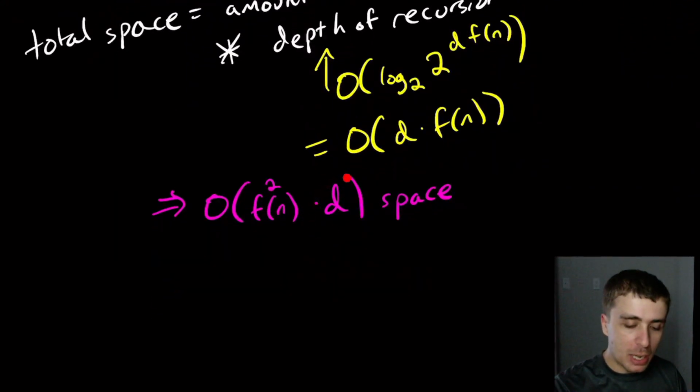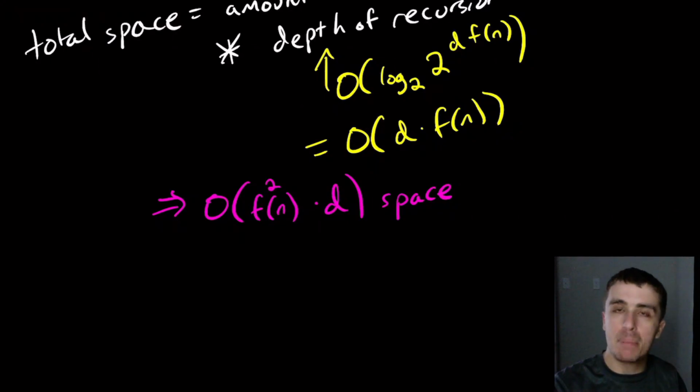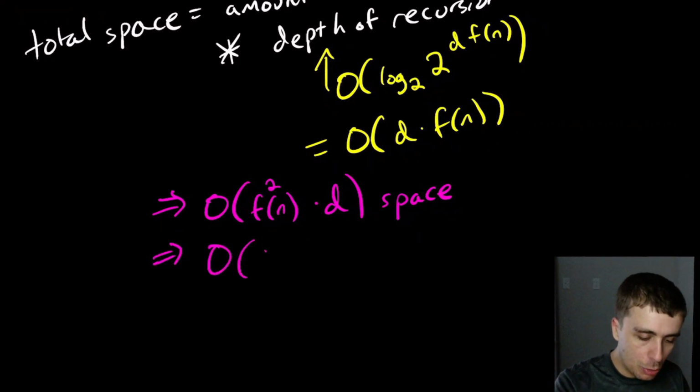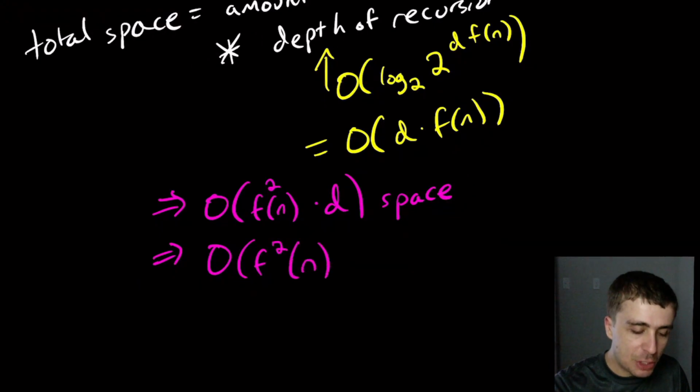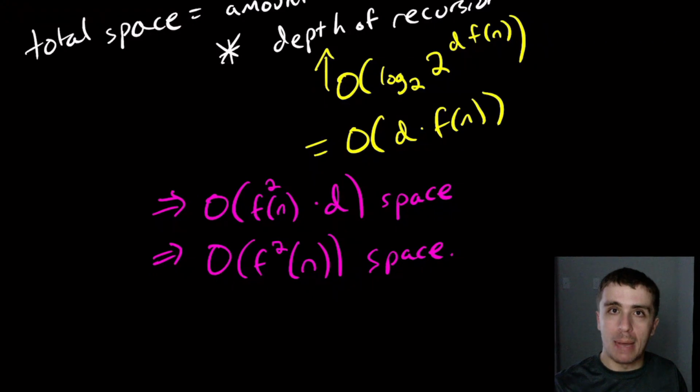If we wanted to talk about this in general, yeah, you would have the d right here. But since it's independent of the input string, it's a constant, and we can reduce this to some other constant potentially times f squared of n space. So we went from an exponential amount of space down to just the square amount of space, which is pretty awesome.